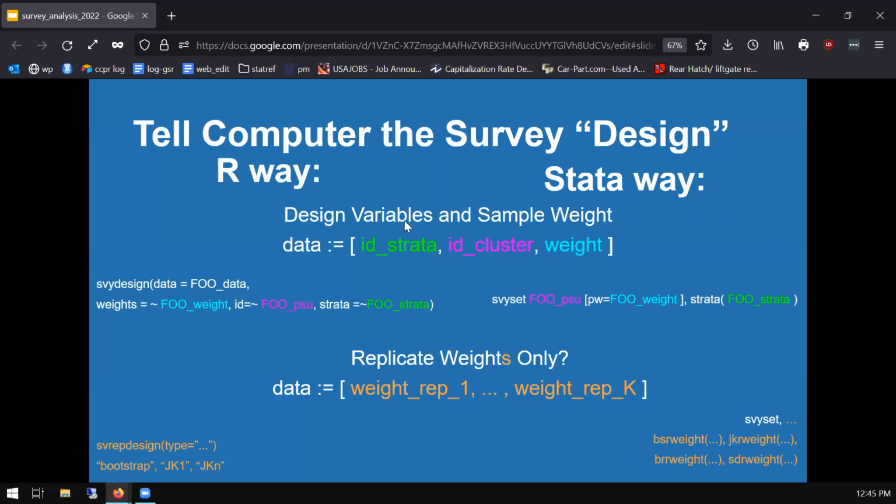Comparing that to if they release the strata, the cluster, and sampling weights, the fear there is you can kind of combine these three variables and it might give away PII sensitive data. It's important to keep in mind.